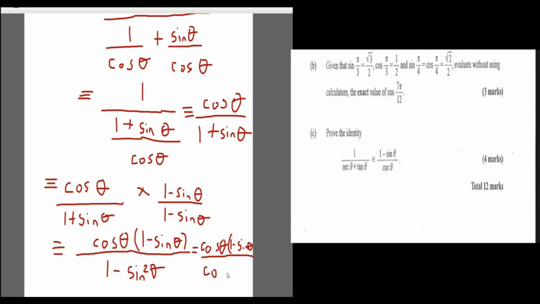Now you see it. Cos theta over cos squared, cos is going to cancel.